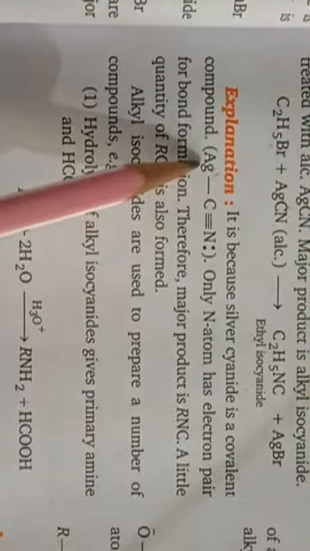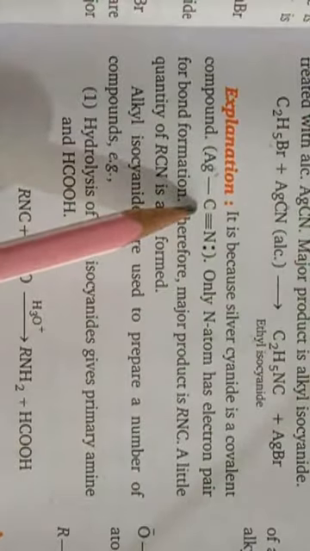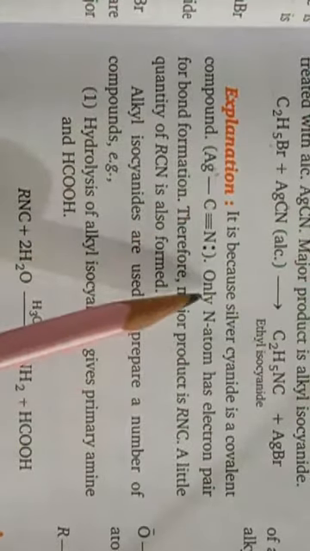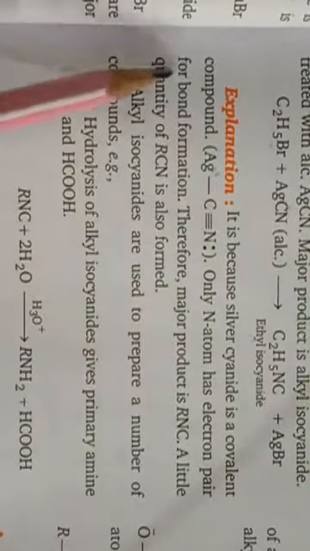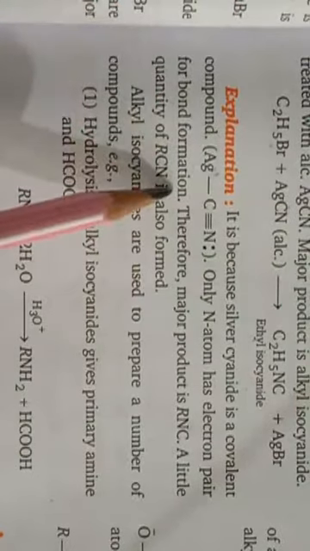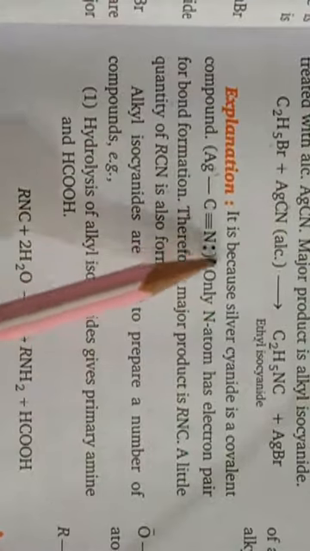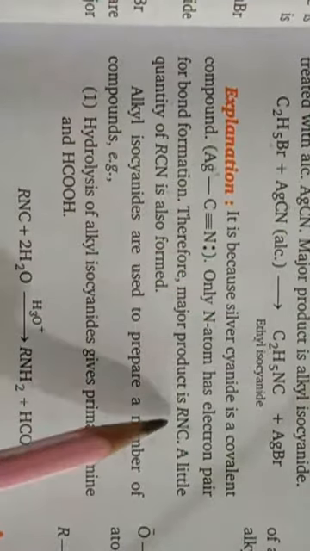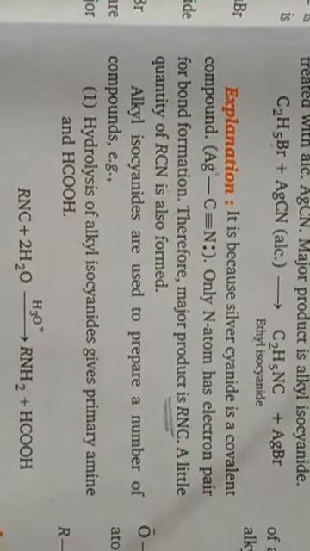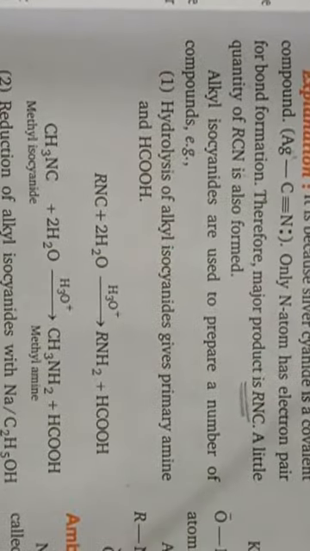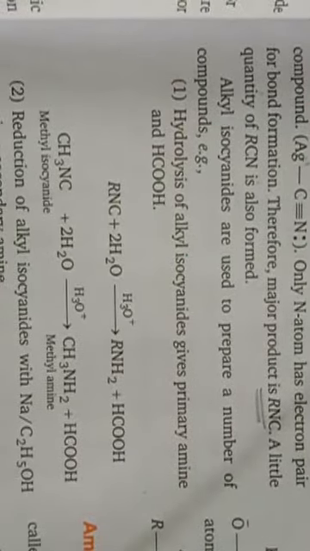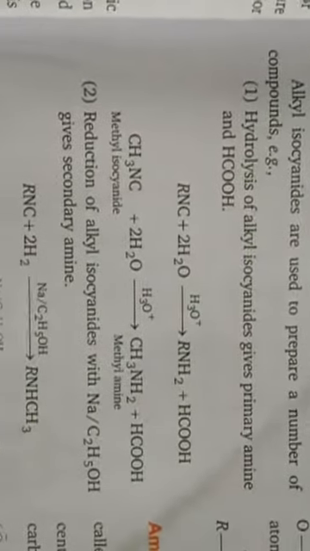So silver cyanide is a covalent compound, and that is why only the nitrogen atom has an electron pair for bond formation here. Okay, so this site will attack the carbon site of the alkyl halide, and that is why alkyl isocyanide will form finally.